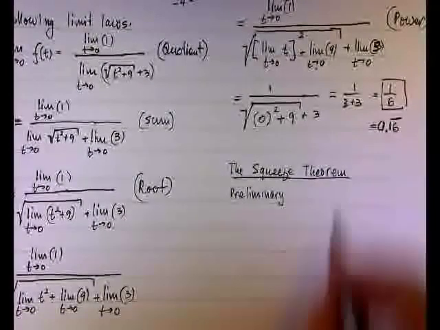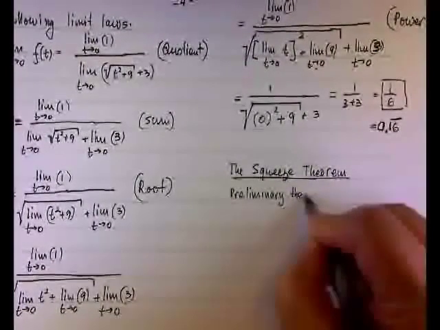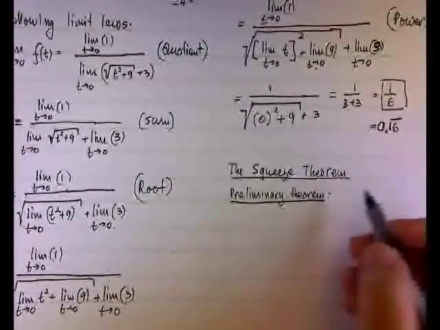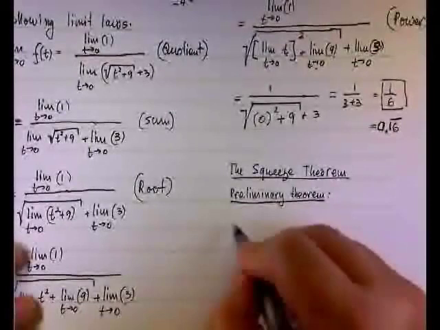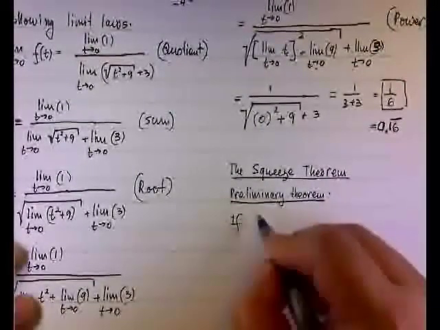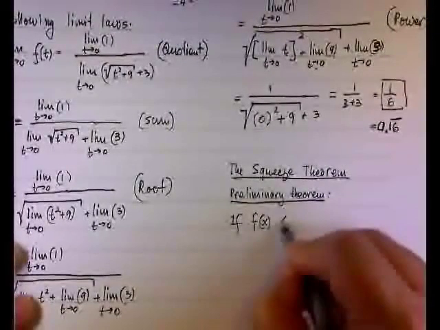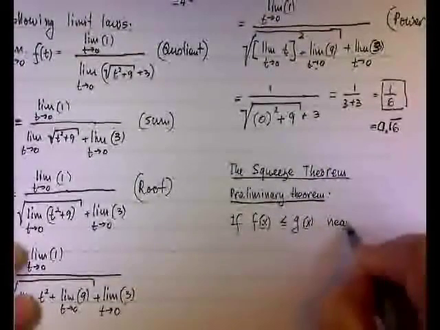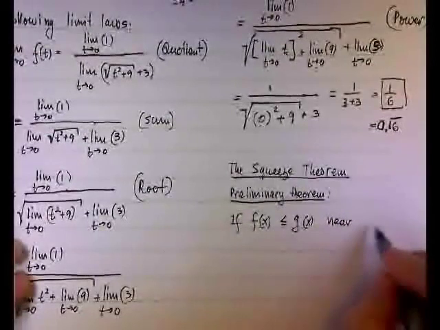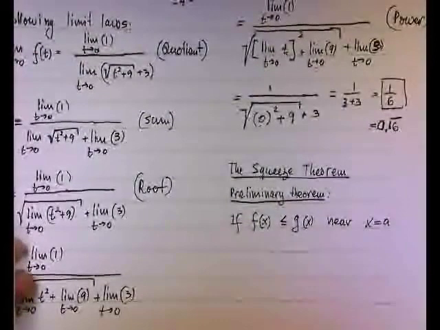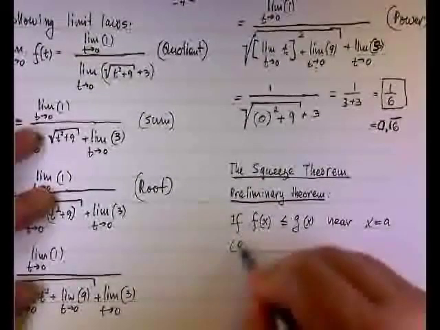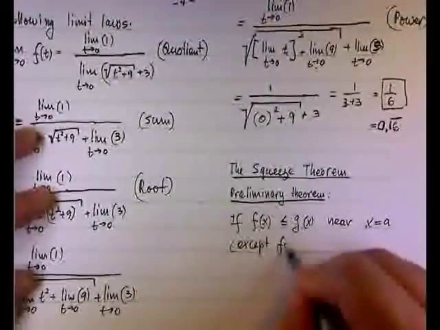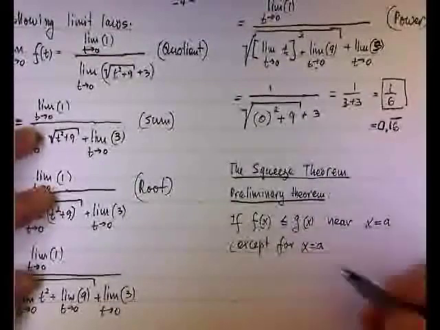So the Squeeze theorem, and before that I said we have a preliminary theorem, which goes like this. If f of x is less than or equal to g of x near x equals a, and in parentheses, except maybe for x exactly equals a, that's possible.